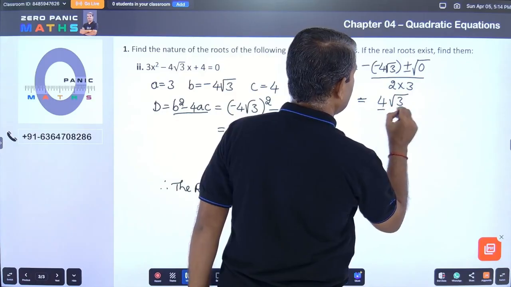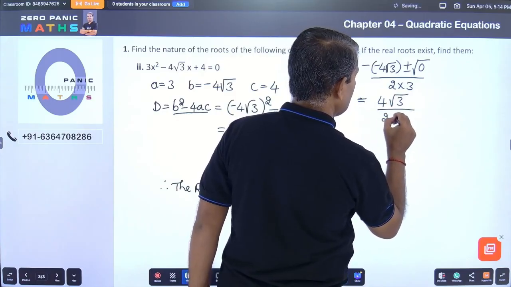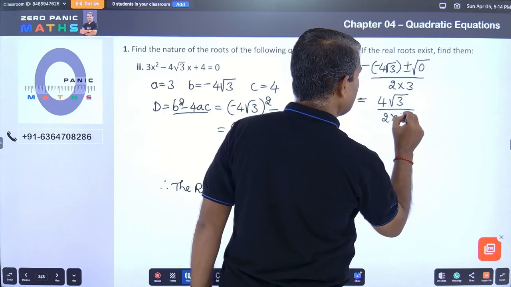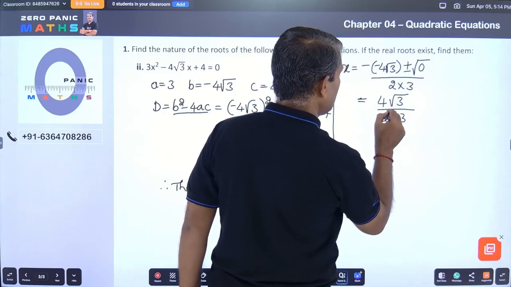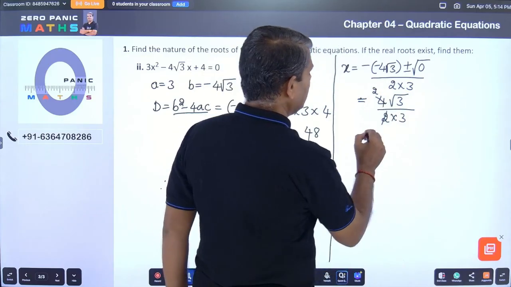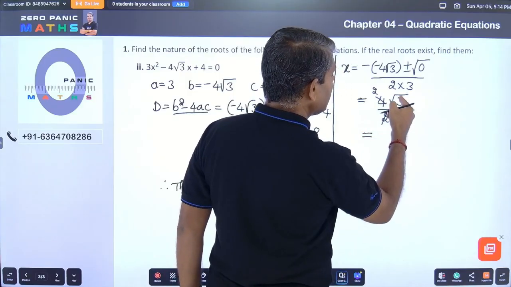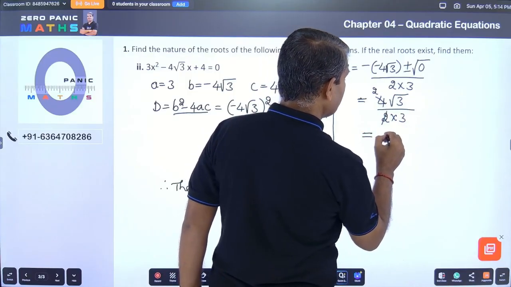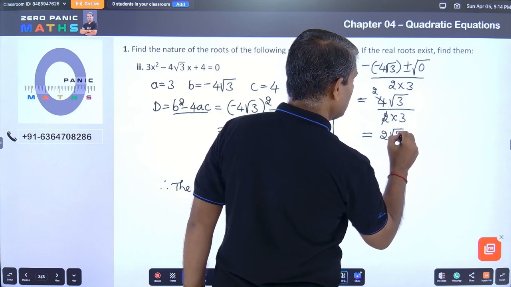Okay, divided by 2 into 3. I will keep it like this only because I just want 2 to be cancelled with this. Right, now can I cancel root 3 with this 3 also? It is possible. How do I do that?